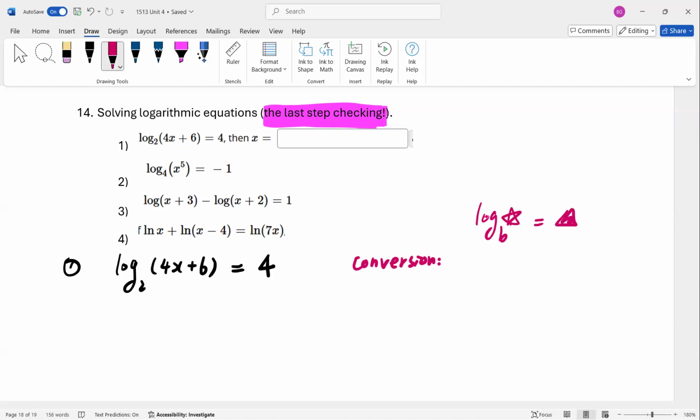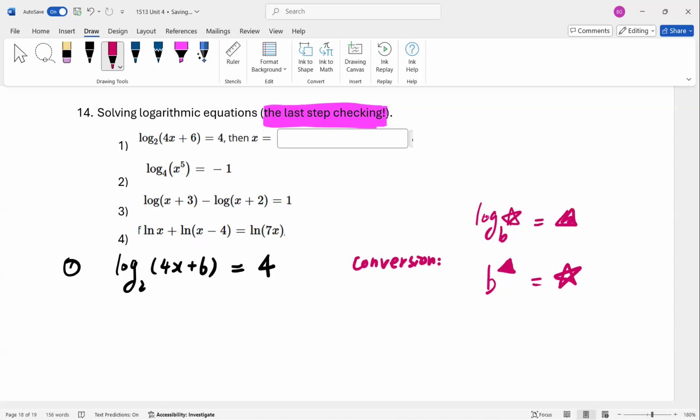B is the base, star is the argument, triangle is the log. Remember, the log is a piece of wood, and someone is carrying it on the shoulder, right? The base is carrying the log on the shoulder. Now we use b, we use the triangle, then the other is star. Those two equations are equivalent.